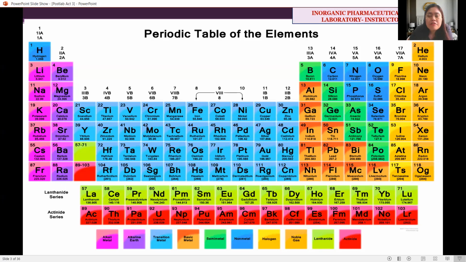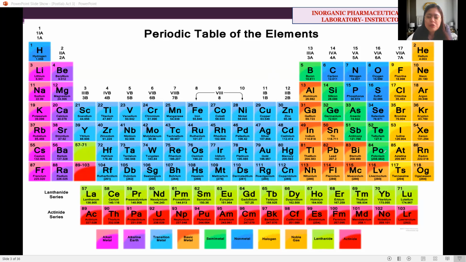So we have a lot of metals in the periodic table. From lithium to livermorium, they are considered metals, just different kinds: alkali, alkaline earth, basic, and transition metals. And the ones in green, from boron to polonium, are our semi-metals.